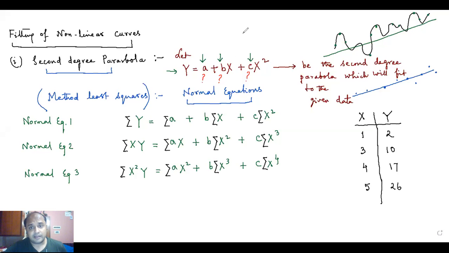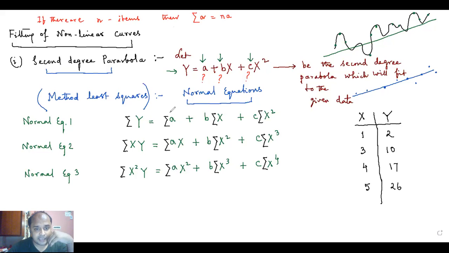And remember, how many items are there? If there are n items, then summation a will always give you n into a, because this quantity a is getting added with itself n number of times.